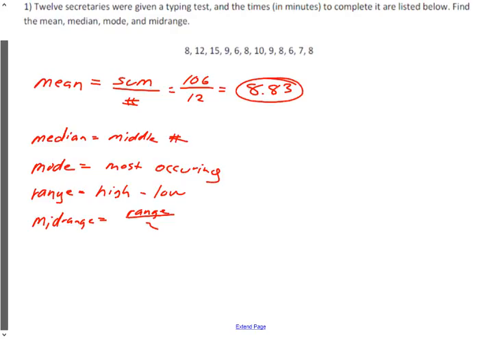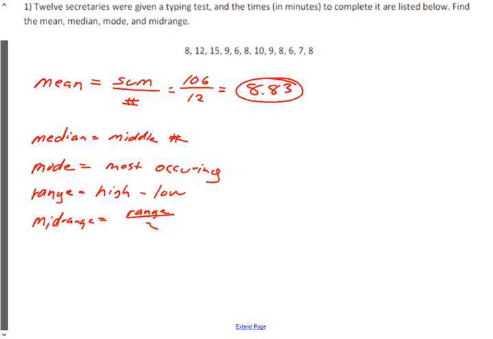And you can see I've kind of paused for a second here because I don't want to write all these out. To do the median and to do the mid-range, I'm going to have to put this data in order from least to greatest. And really to do mode, I'm going to need that too.